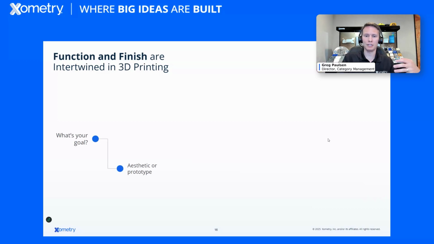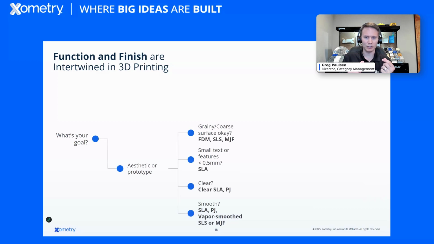If I'm looking for something aesthetic, cosmetic, prototype, I'm usually looking at what details I want to do. Like let's spin the cat. Let's talk about those parts. If I see small text or features, I'm probably going to put you towards a resin-based 3D printing process. Clarity, by the way, resin-based prints can make clear parts, so it's really the only place to go for that. You can print in clear filaments on FDM, for example, but you get a very diffuse part.